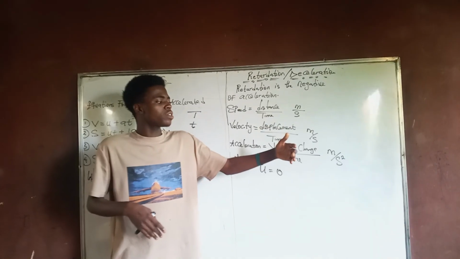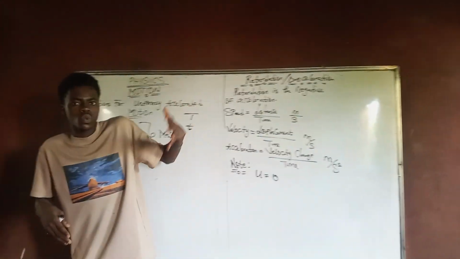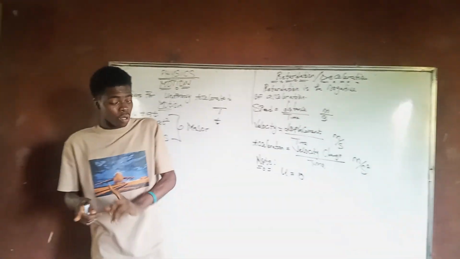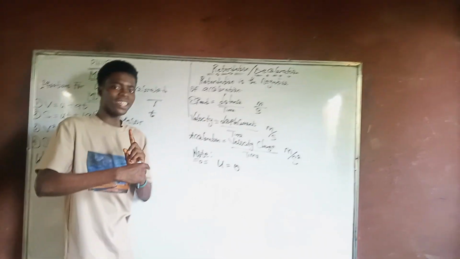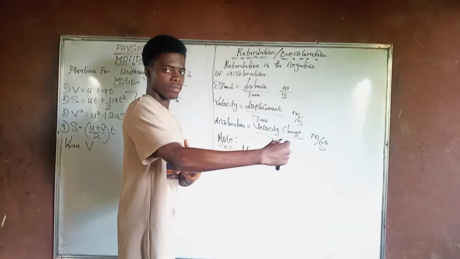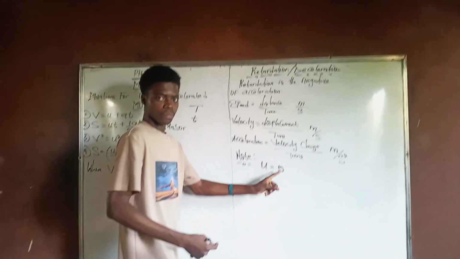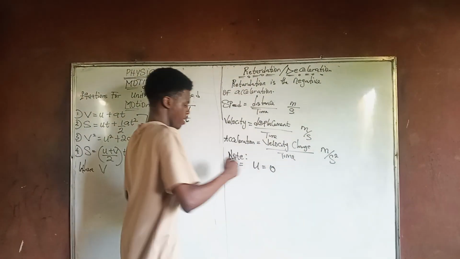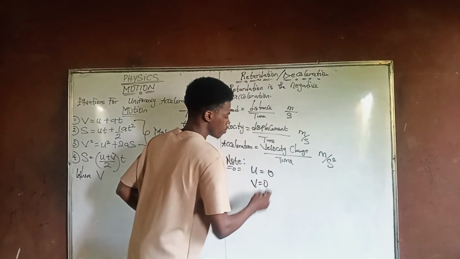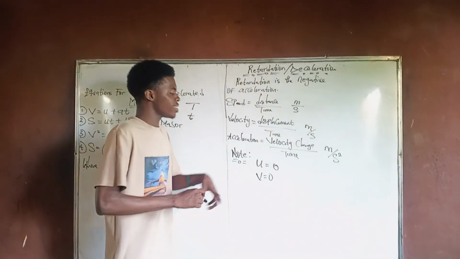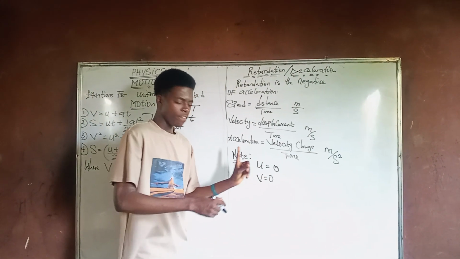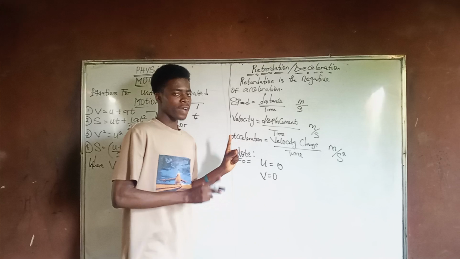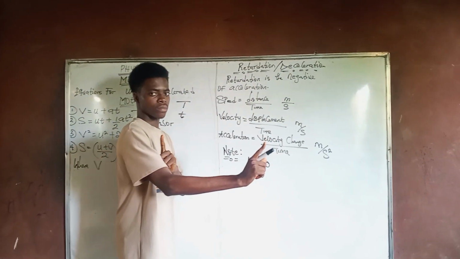But when the body is already in motion and is now coming back to rest, take note of the first one: a body starting from rest, initial velocity is 0. But a body coming back to rest, final velocity will be 0. So when the body is starting from rest and the initial velocity is 0, the final will be greater than 0.